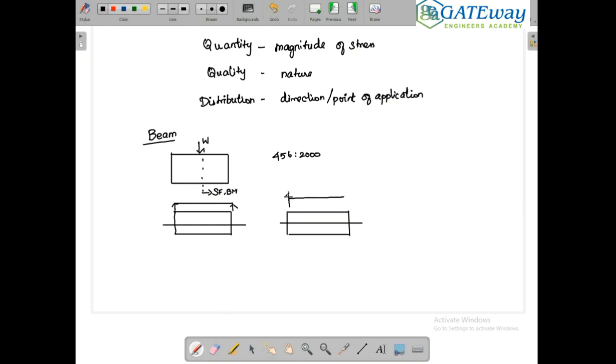This is a cantilever. I already told you, for a simply supported beam, the bending will be of sagging type.